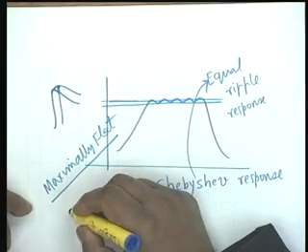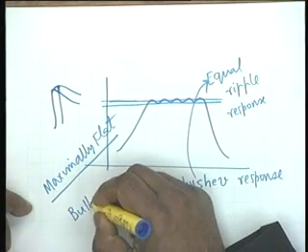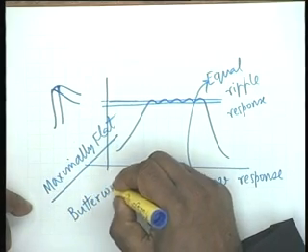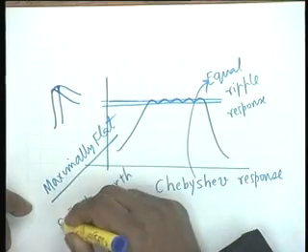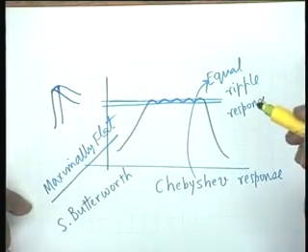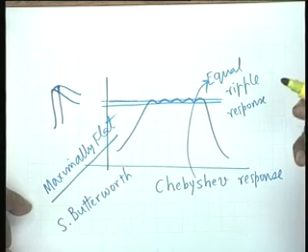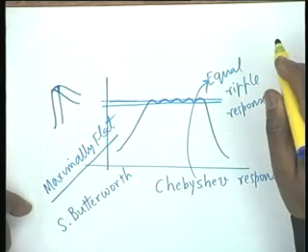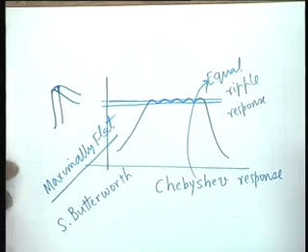We will come to such responses at the end of the course, but let it be known to you that maximally flat is associated with the name of an English mathematician by the name Butterworth. These two kinds of responses are very popular with electrical engineers, that is Butterworth filters and Chebyshev filters, and I wanted to introduce them to you right at this stage.